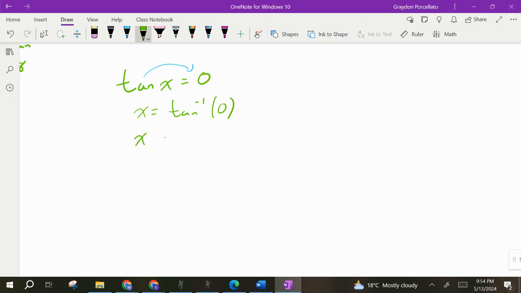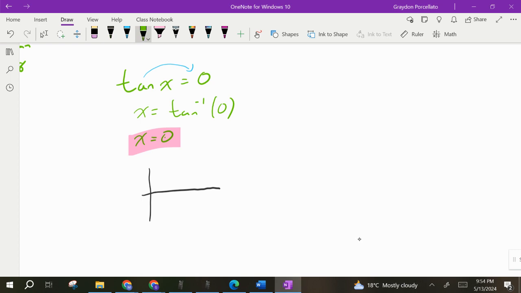So x equals 0, and that's a solution. With these ones, when you have tan or sine or cos equal to 0, 1 or negative 1, those are examples that you can solve by looking at the graph and inspecting it.